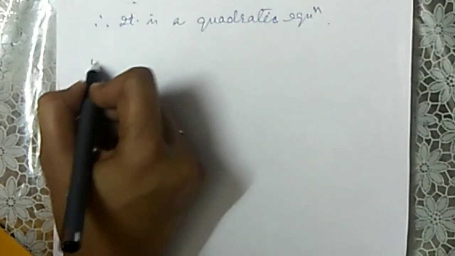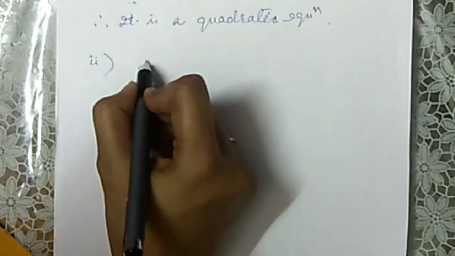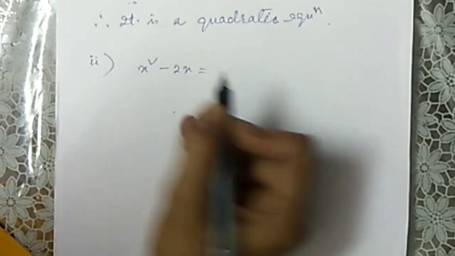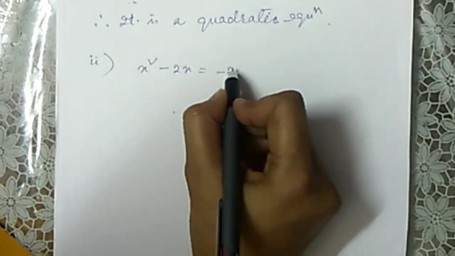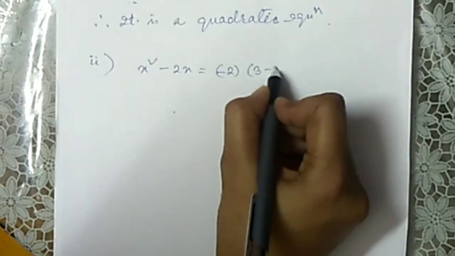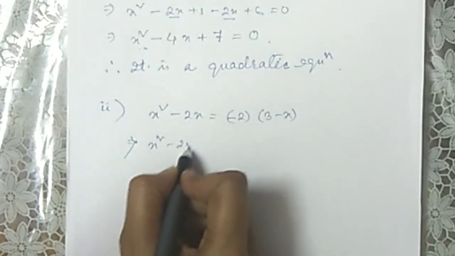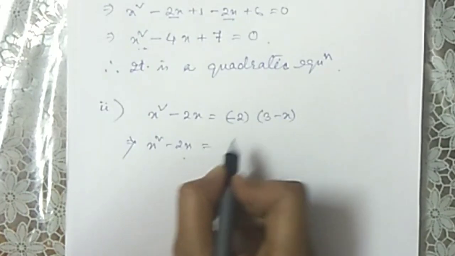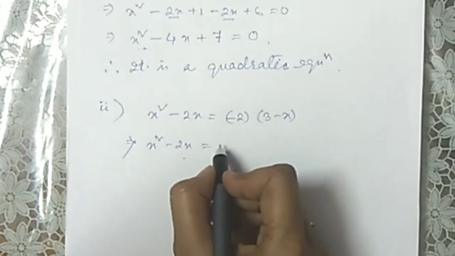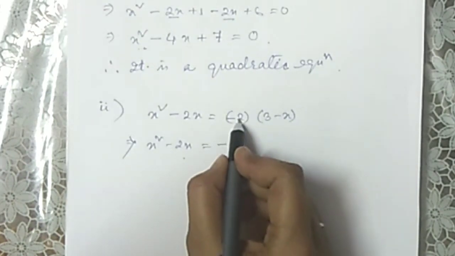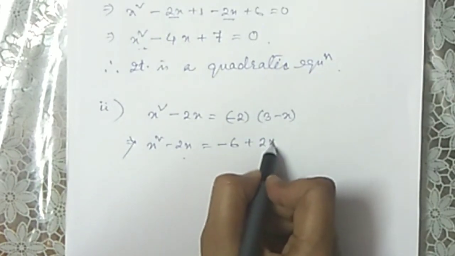Second question, x square minus 2x is equal to (minus 2) whole into (3 minus x). x square minus 2x is equal to, by multiplying minus 2, minus 6 plus 2x.